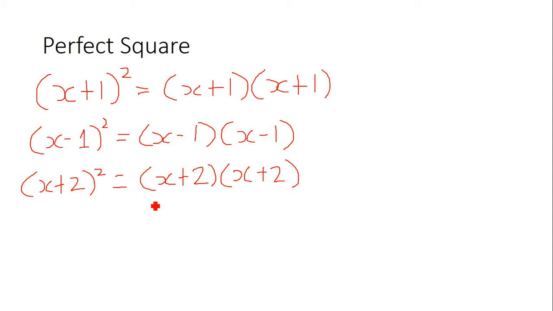Exactly. So with the difference of two squares, it's going to be x plus 2, x minus 2, or x plus 3, x minus 3. But here it's the exact same term, okay? So that's what we mean there. So this is going to be x minus 2 all squared. It's going to be equal to x minus 2, finish it for me, x minus 2.